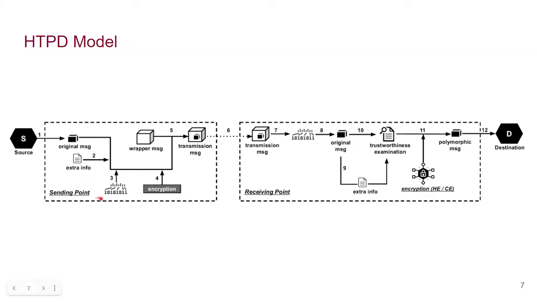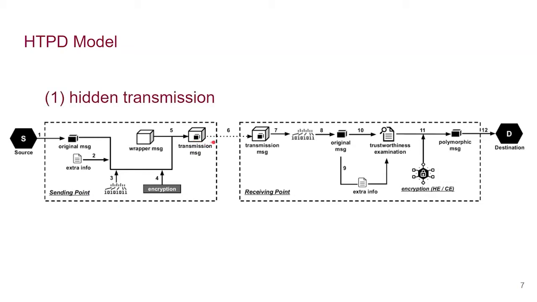Then we serialize it and encrypt the whole message. After that, we put this encrypted message into a wrapper message, so it becomes a transmission message. Because we hide the original message in the transmission message, we call it hidden transmission.